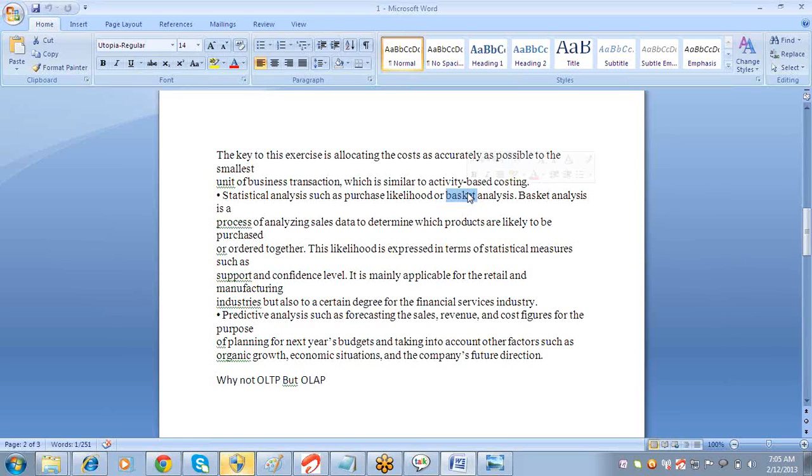So which products sell well if you place them together? They do it, and they see the sales, and they look at the data. If there's an increase in sales, that's a good idea, so they try to do more, right? So that's basket analysis, mostly in the retail market.